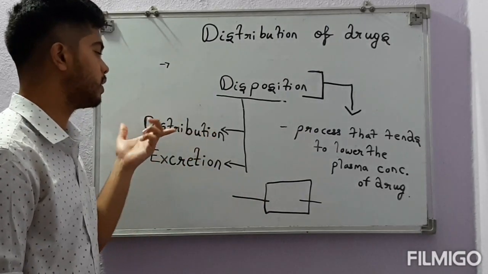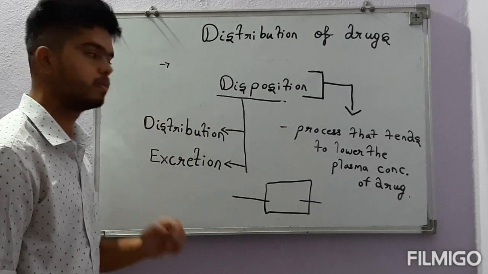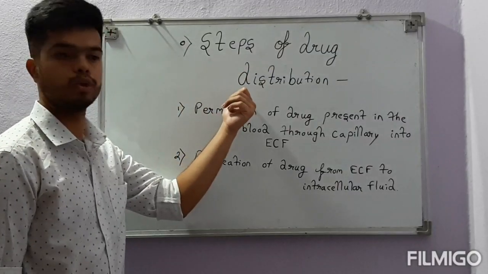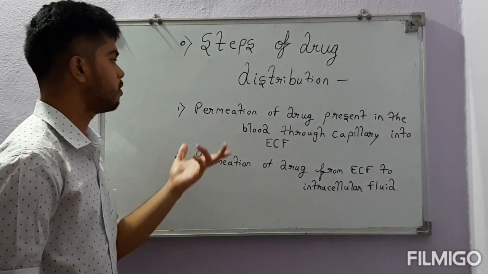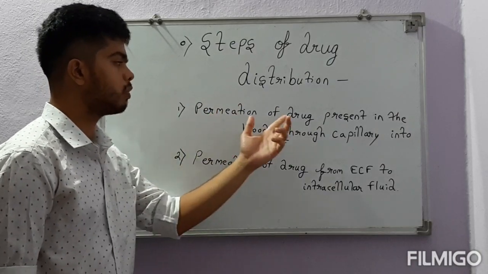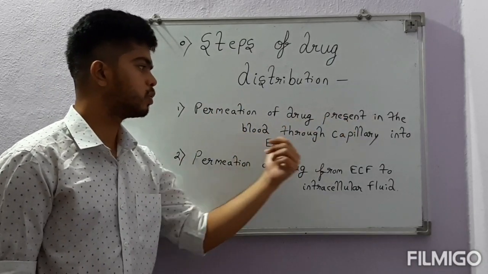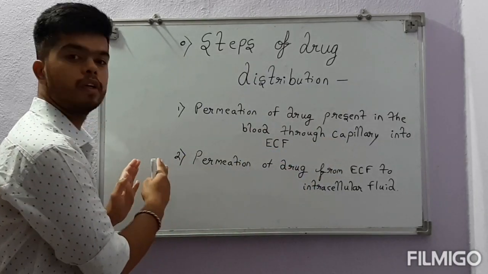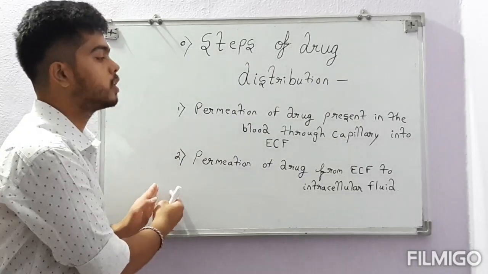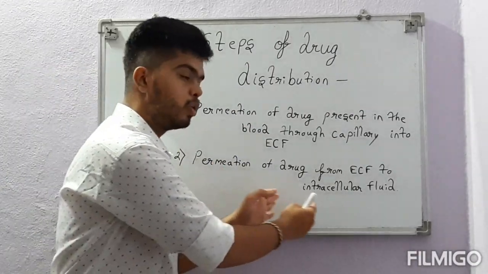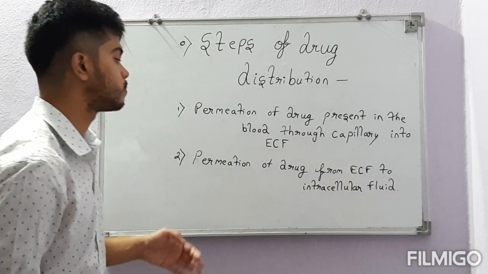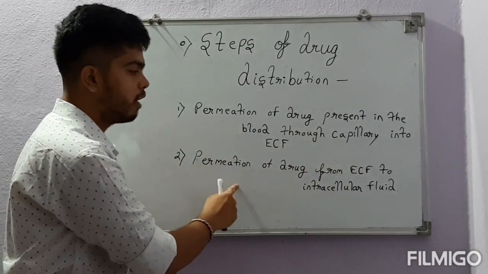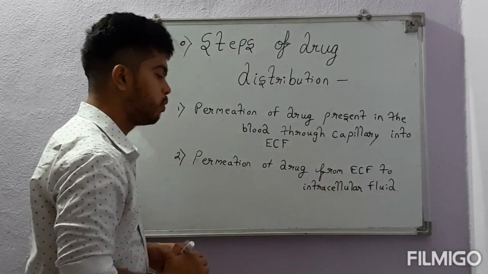In this video we will continue with our distribution part: the steps of drug distribution. Drug distribution works by permeation of the drug present in the blood through the capillaries into the extracellular fluid. So there is a movement of drug from your systemic circulation via the capillaries into the extracellular fluid, and from the extracellular fluid it moves into the intracellular fluid.